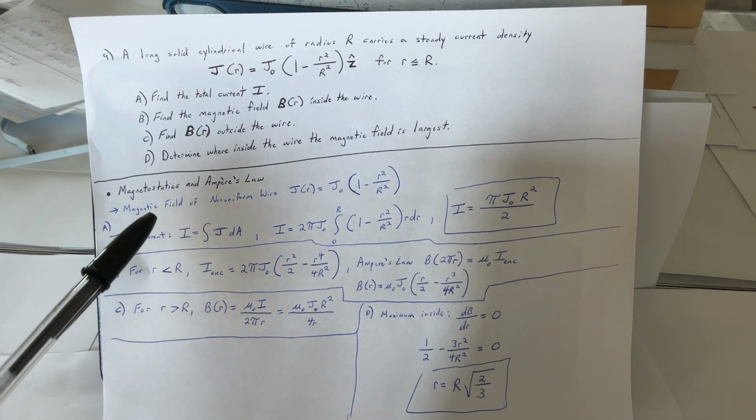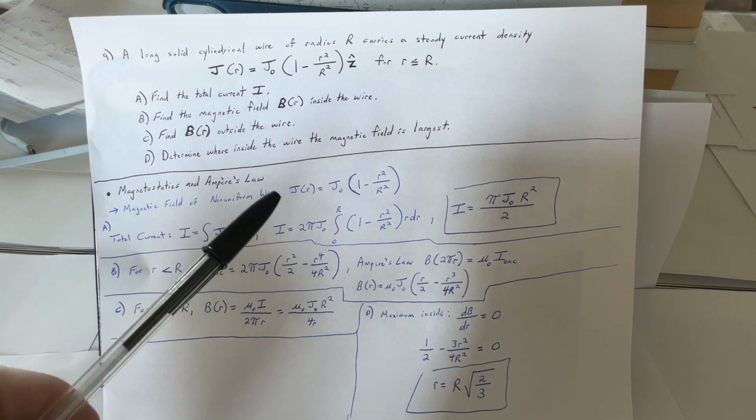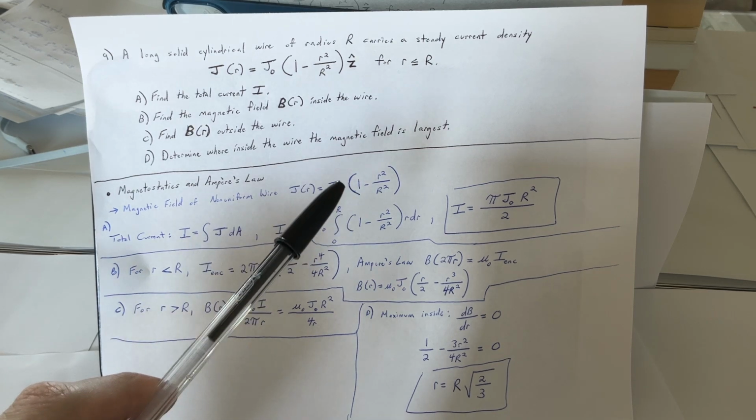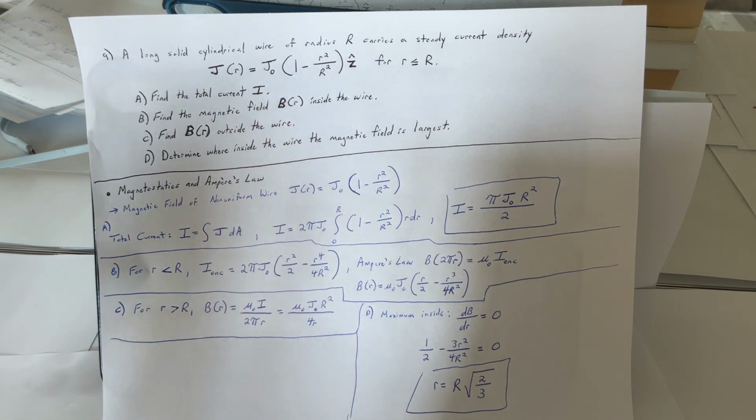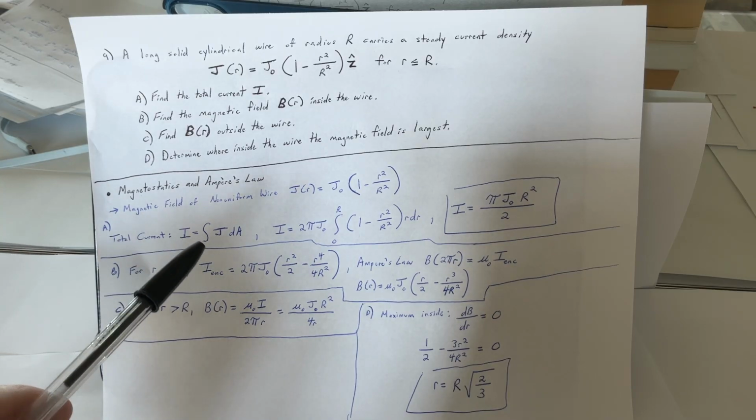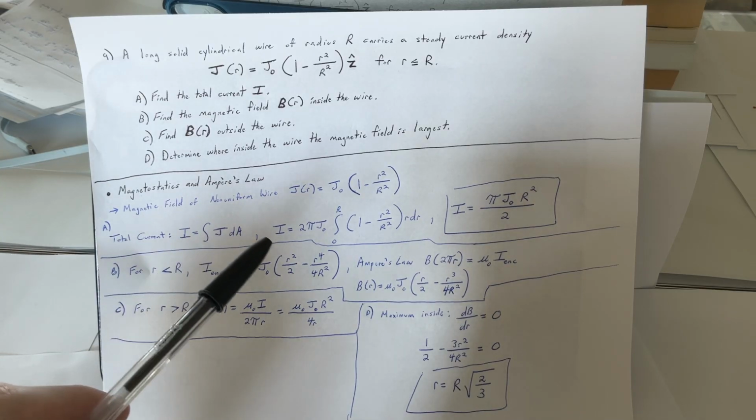So the magnetic field of a non-uniform wire, J of r equals J naught times the quantity 1 minus r squared over capital R squared. For part A, total current I equals the integral of J dA.